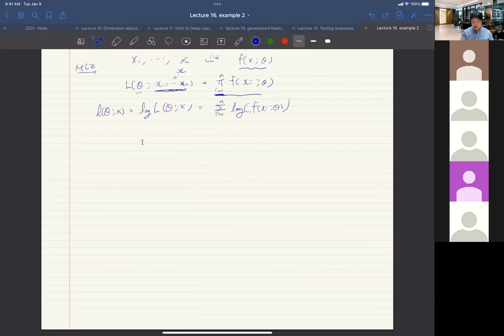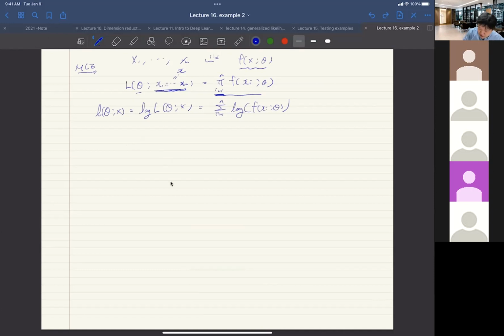It's easier because the likelihood itself is a multiplication of a function of an IID data set, and the log of it is just the addition of the function of the IID data set. So we can do more with this log likelihood.